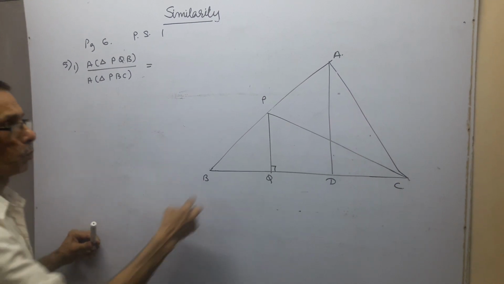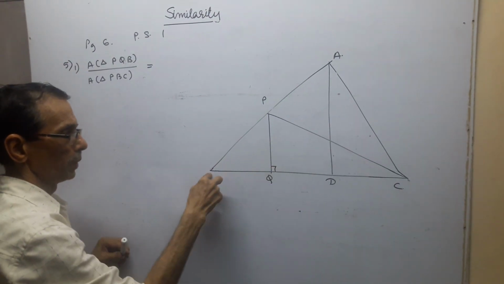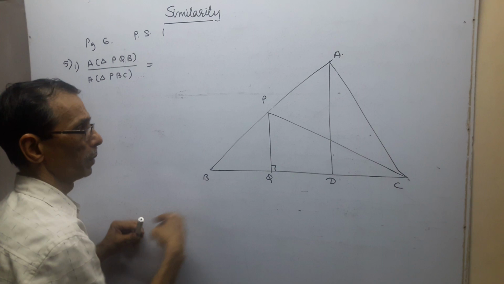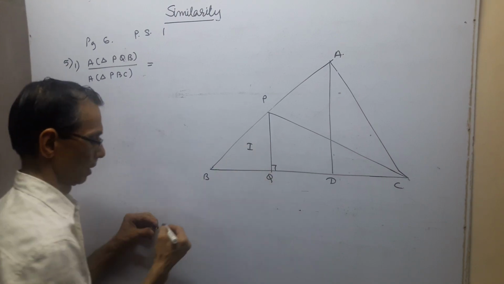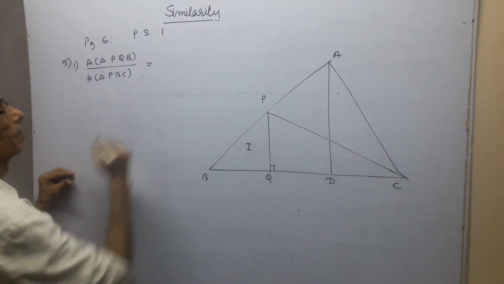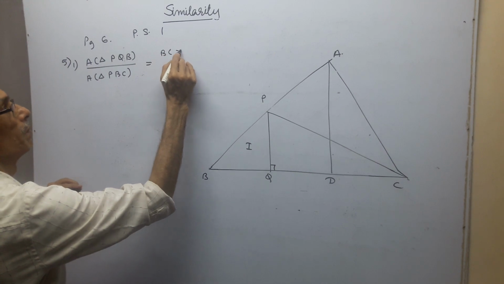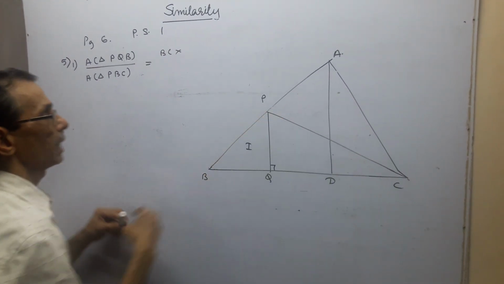Area of triangle PQB, you'll find that in this triangle, BQ is the base and PQ is height.